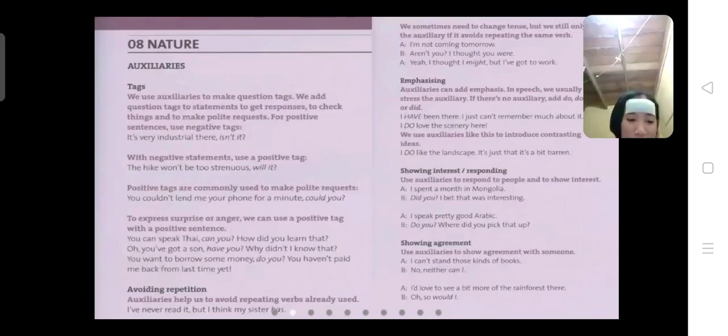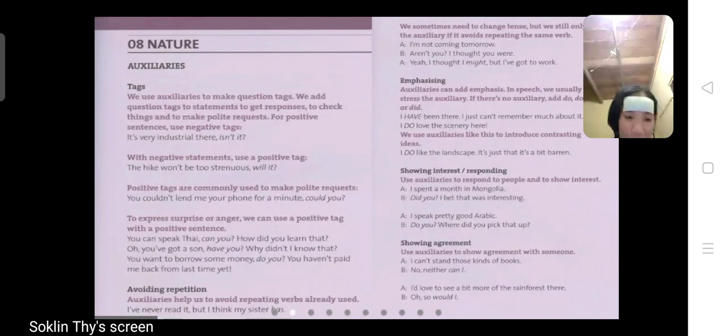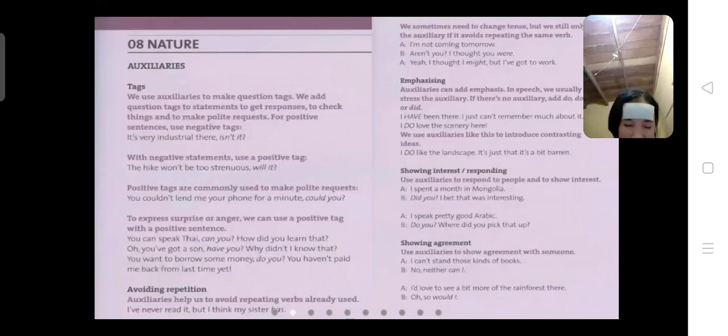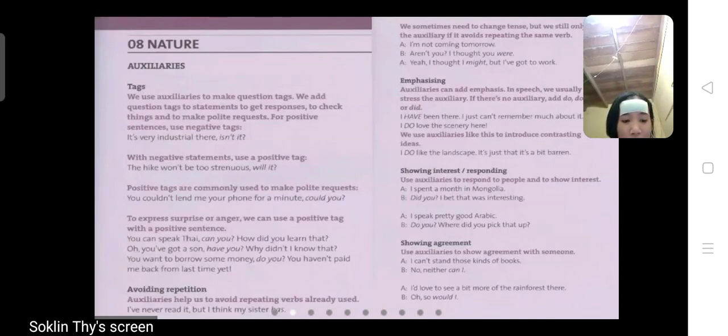For my part, auxiliary, we use auxiliary to make question tags. We add question tags to a statement to get responses, to check things, and to make polite requests.